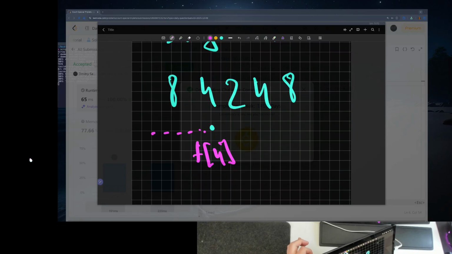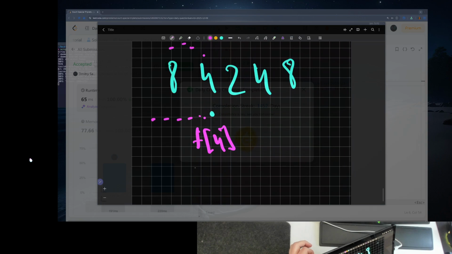and what else? For example, we can look at how many 4s we have and compute them too, like this.